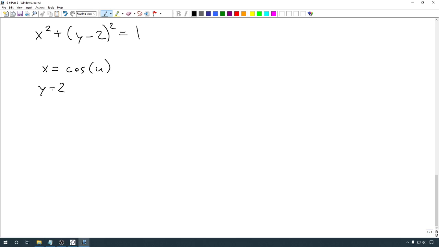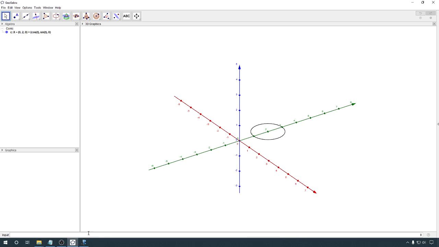Instead, we want y minus 2 to equal sine of u. Or in other words, we want y to equal sine of u plus 2. And these are cosine and sine without anything in front of them because the radius is equal to 1. If we go ahead and plot that particular curve, we should get the exact same circle.